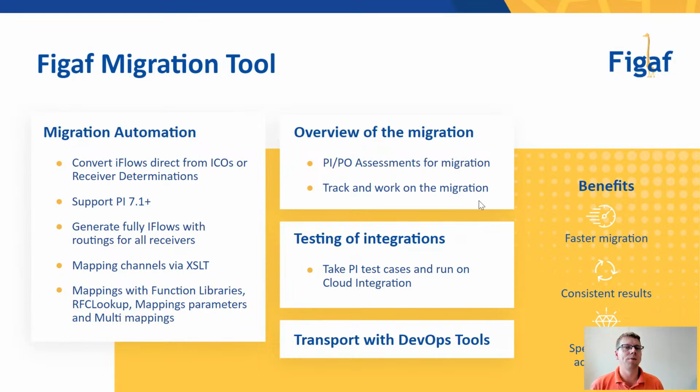Then it gives you an overview of what you're working on. It enables you to test the integrations, and then you can obviously also transport it as the DevOps capability. And this is about faster migration, consistent result, and then spending time on where you can really add value, as the last bullet point I'm covering.